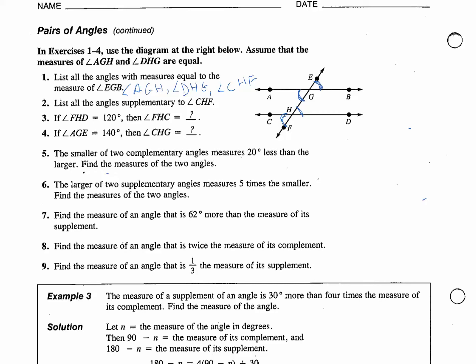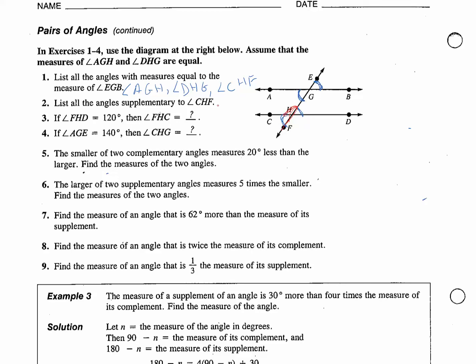All right, it says list the angles supplementary to CHF. Well, supplementary angles are angles that add to 180, so we're looking for two angles together that would make a straight line. If I have angle CHF here, then this angle right here, CHG, put together with it, would give me one straight line.